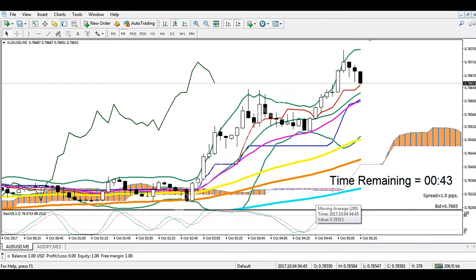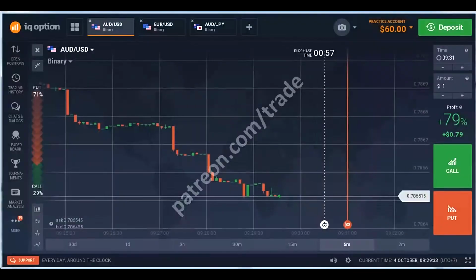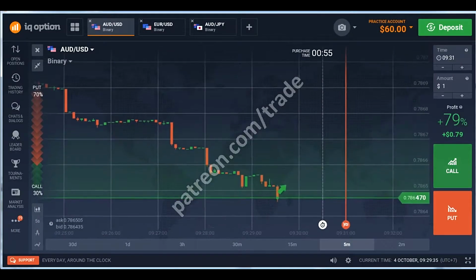This is the 200 moving average, 100, and then this yellow line is the 60 moving average. And let's try and make a call on Australian dollar USD on the next move.